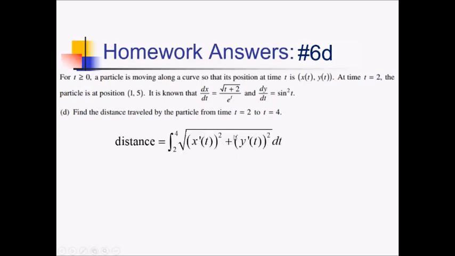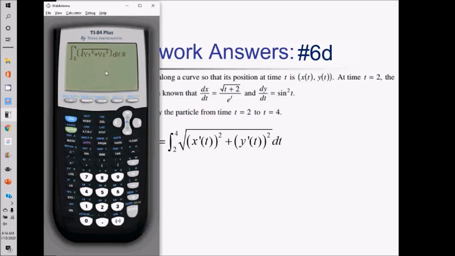And I already have x and y prime entered on my calculator, so let me just go ahead and run those numbers. So here's what this looks like on the calculator. Math 9, integral 2 to 4, square root of, and this is x prime squared plus y prime squared. Use a dx, whatever. And then that comes out to, survey says, about 0.651.